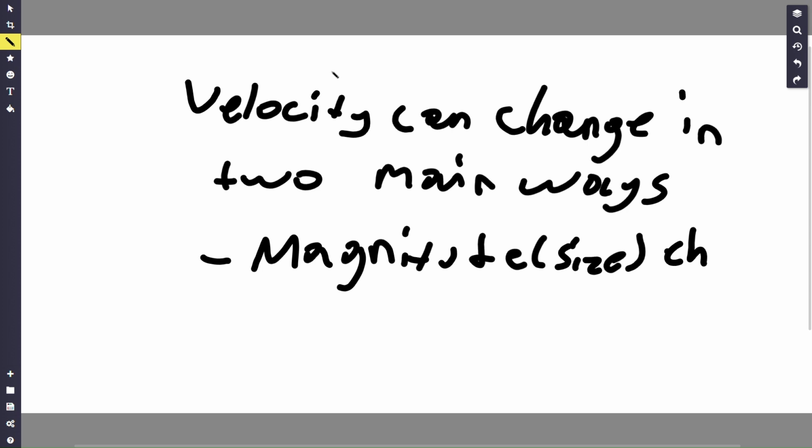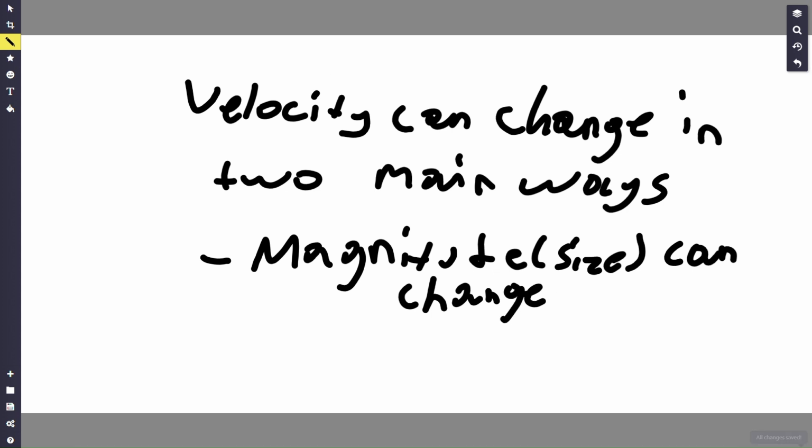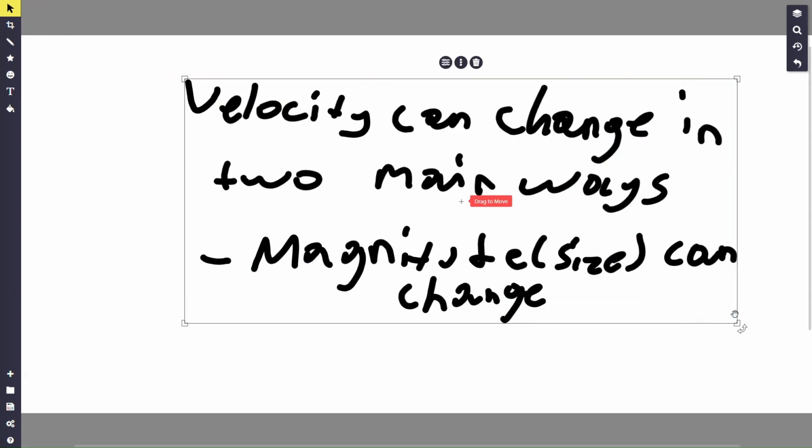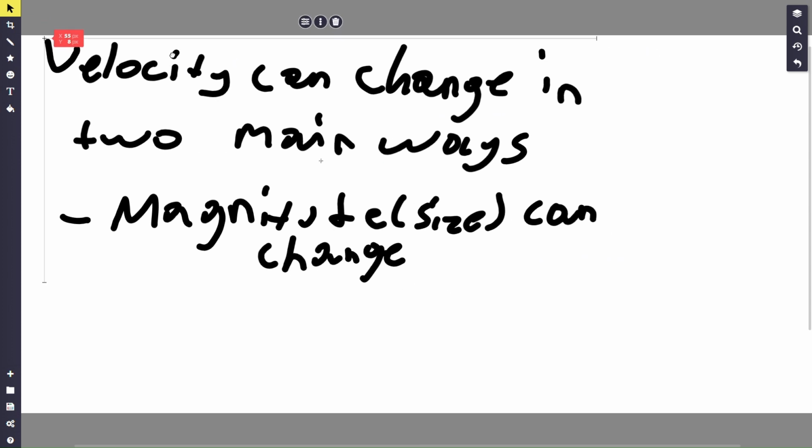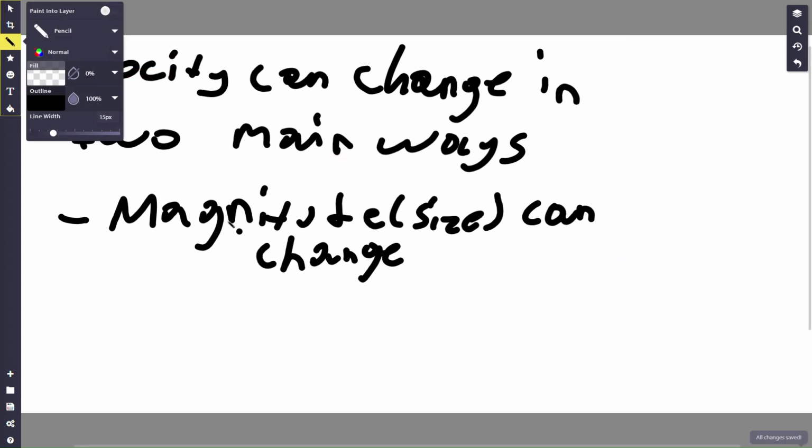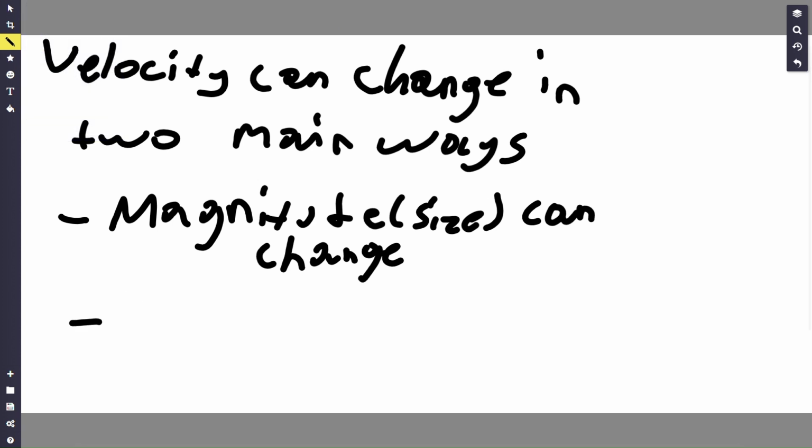Basically, what this means is objects can either speed up or slow down.